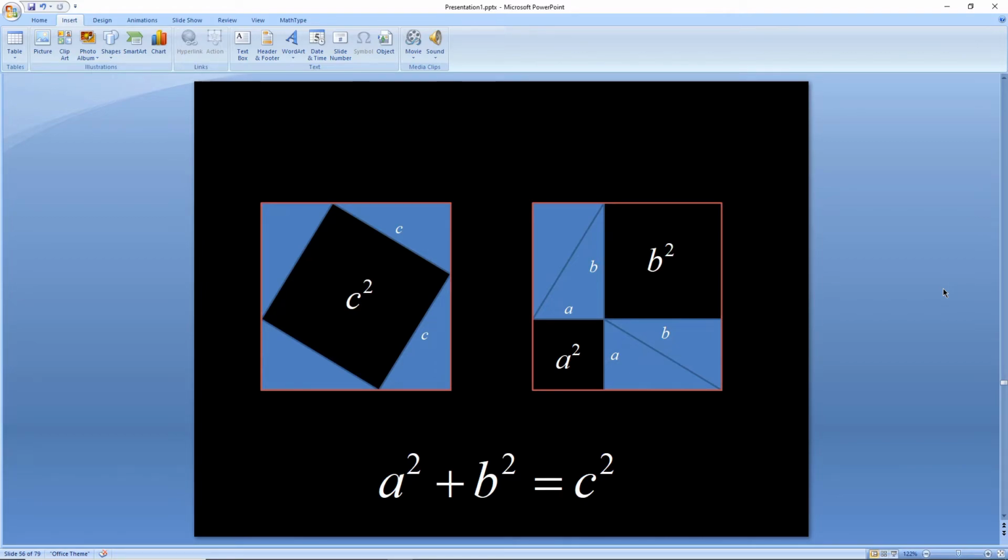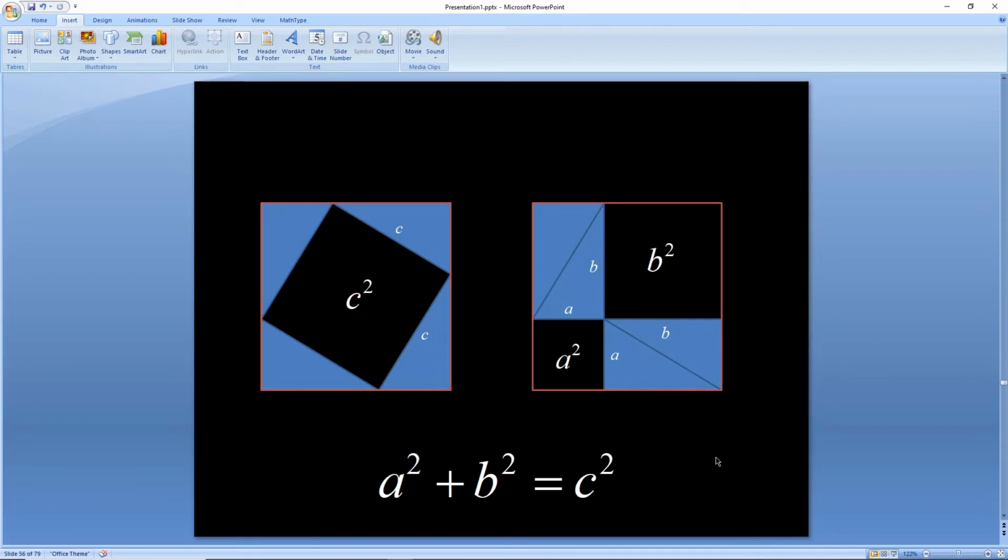Now, there are over 300 proofs. Some more simple than others, some more clever than others, but I liked this one and the way it uses shapes to prove this math formula. And that's why a squared plus b squared equals c squared, the Pythagorean theorem.